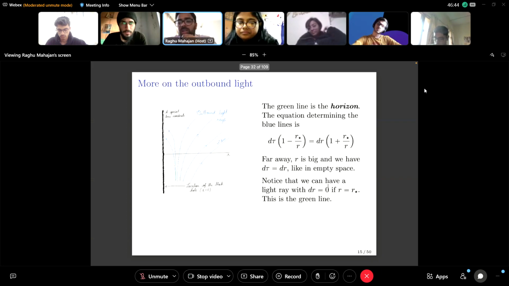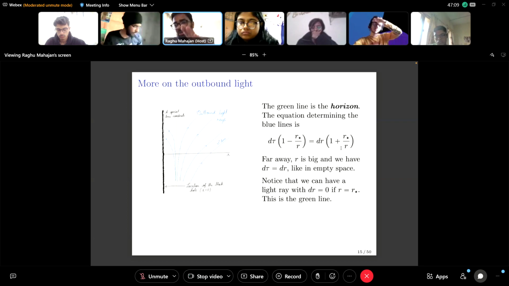On the other hand, if r is equal to r star, then the left-hand side is 0, so dr has to be 0, which means r is not changing. So that's the green line. And if r was less than r star, similarly, you can see that dr must keep getting negative. So that's one way to see why it has to go in.